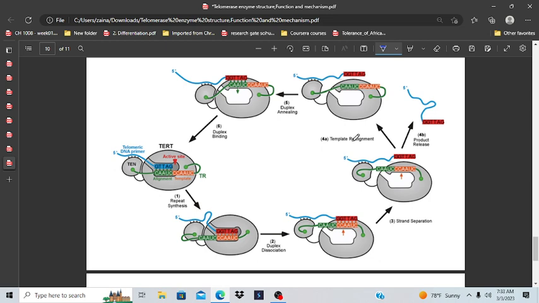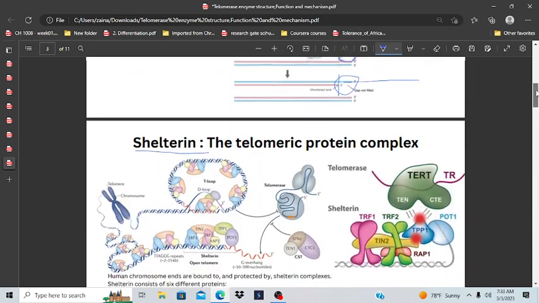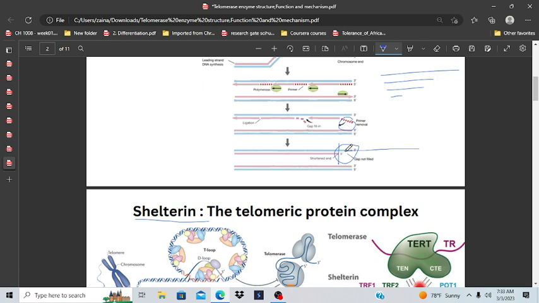So now you might be having a question. What regulates how many telomeric repeats are being added to this end? Because if there is no control over that, the enzyme would continuously synthesize telomeres, or incorporate these nucleotides.